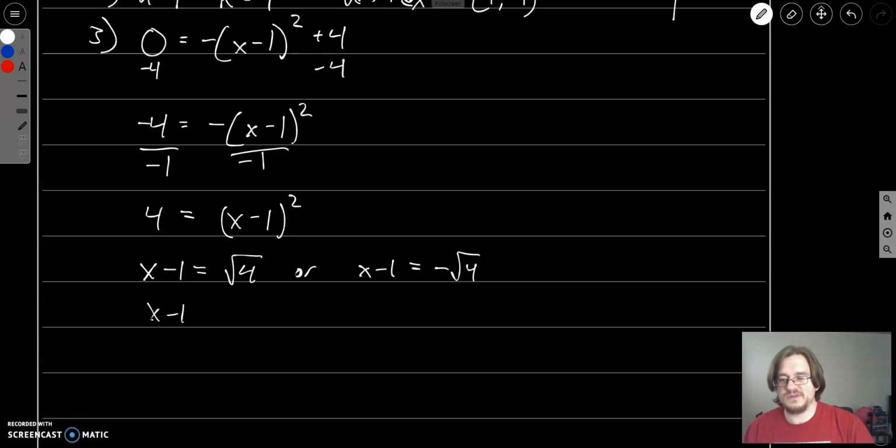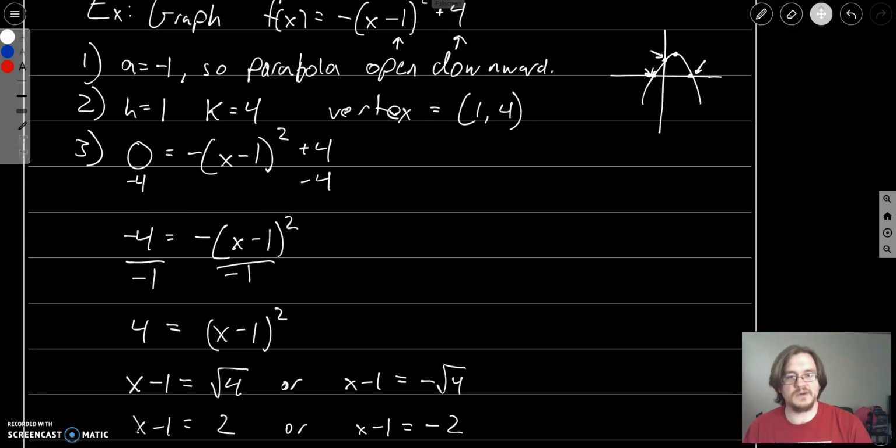Square root of 4 is 2. So if I square 2, I get 4. If I square negative 2, I get 4. So x is going to be, if I add 1 to both sides, either 3, or if I add 1 to both sides, this will be negative 1. So I now know that x is going to be 3 or negative 1.